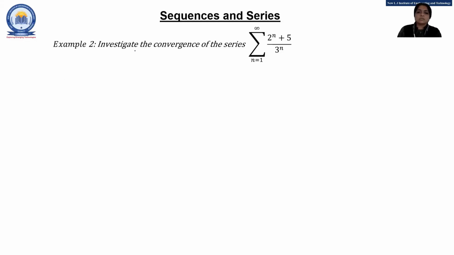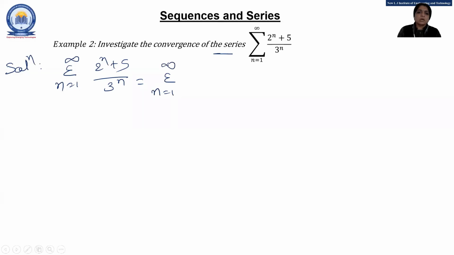Students, the second example is to investigate the convergence of the series summation n = 1 to infinity of (2 raised to n plus 5) upon 3 raised to n. So let's start the solution. We put this series by dividing individually, that is 2 raised to n upon 3 raised to n plus 5 upon 3 raised to n.